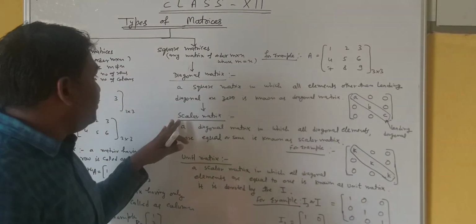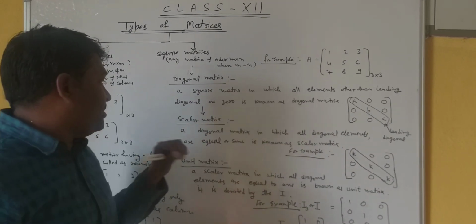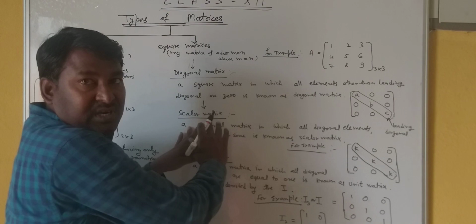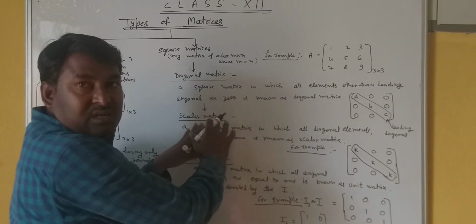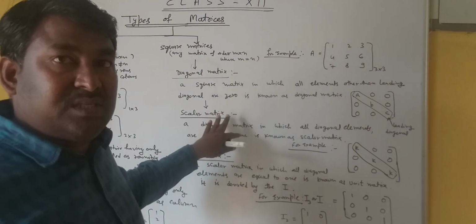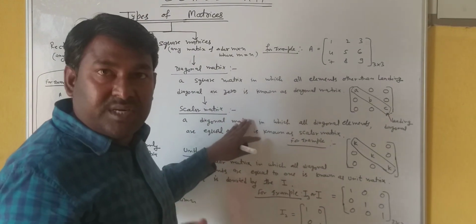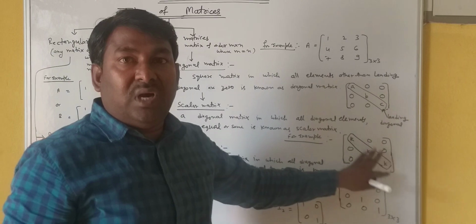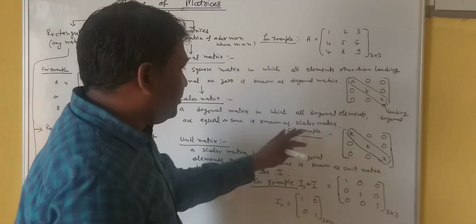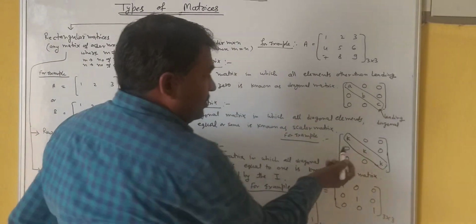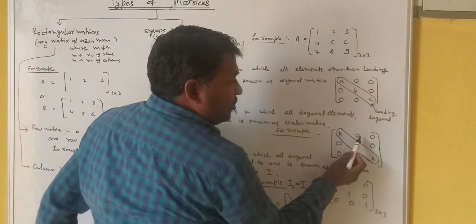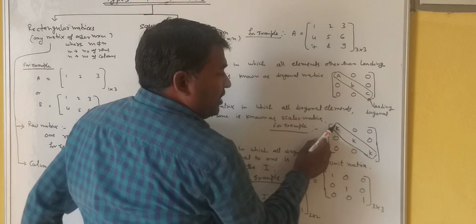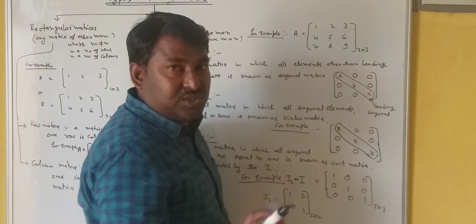Now come to the scalar matrix. A diagonal matrix is further classified as a scalar matrix. A scalar matrix is a diagonal matrix in which all diagonal elements must be equal. For example, here except for the leading diagonal elements all others are 0, and only the leading diagonal elements are non-zero.